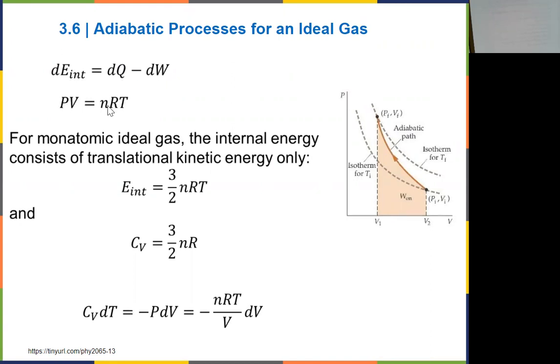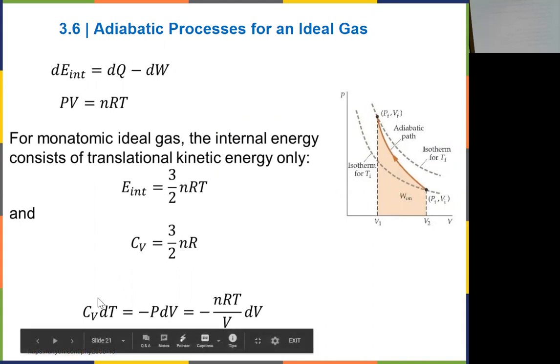Okay. So for monatomic ideal gas, this is the internal energy. Okay, so Cv equal to 3/2 of nR. So then dQ, which is Cv dT, all right.